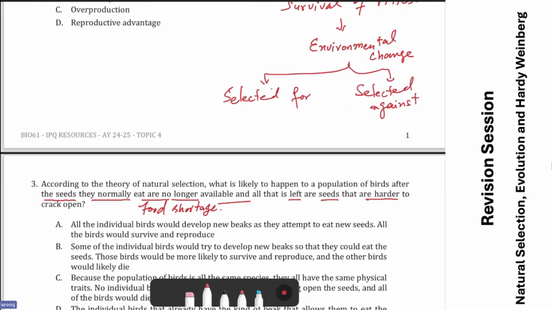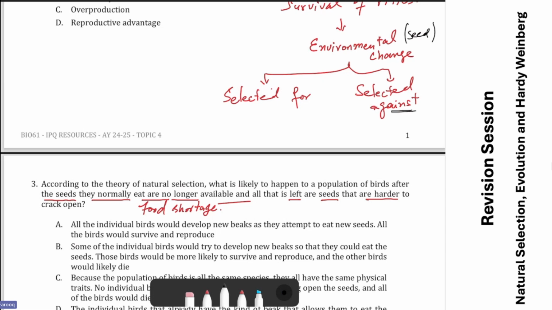Now look into question number 3. They say that the species had a change in the seeds. Now the soft seeds are no more available, and the hard seeds are available. So the environmental change over here is the seed coat, the soft seeds and hard seeds.